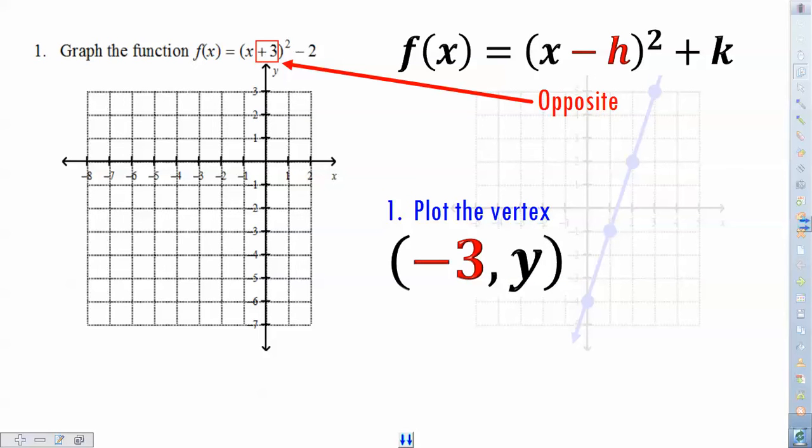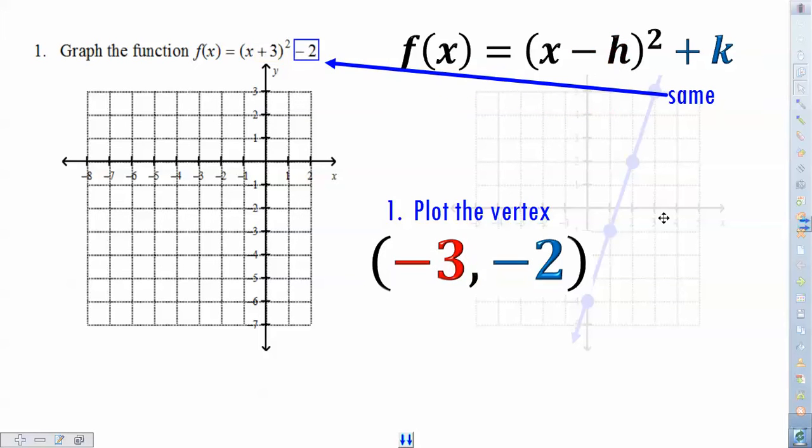So we got the opposite. We want -3. So our vertex point, or only vertex point, we have to go 3 to the left. And then we play the same game with k. So now that we have the vertex, we're just going to go ahead and plot that point. So we'll go 3 to the left, 1, 2, 3, and then go down 2, 1, 2. And there would be our vertex point.